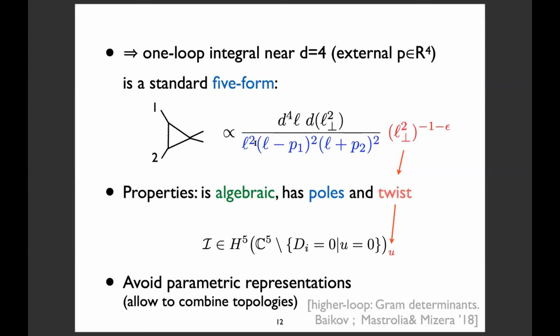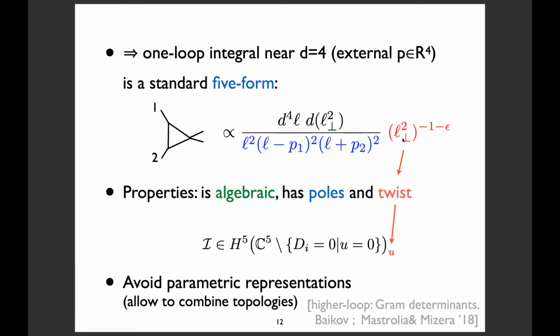The integral has poles, right? Propagators blow up, especially when you allow the momenta to be complex. They blow up at various places. So it's really a form that's defined in the complement of where the propagators blow up. Okay. And the next thing is that there's this thing raised to a fractional power.